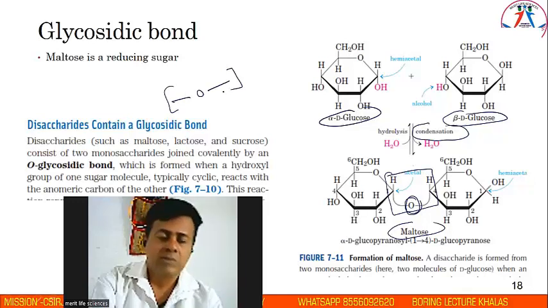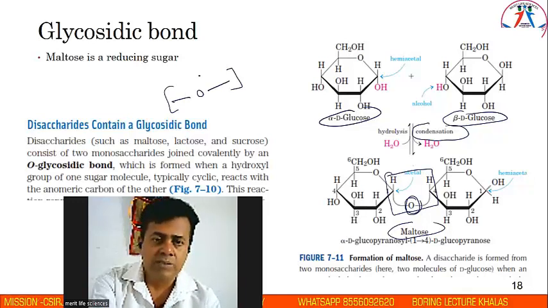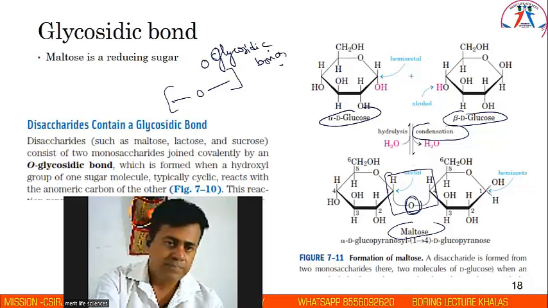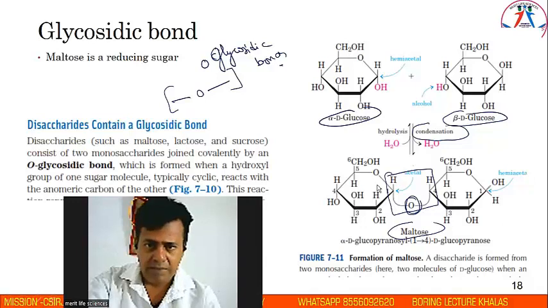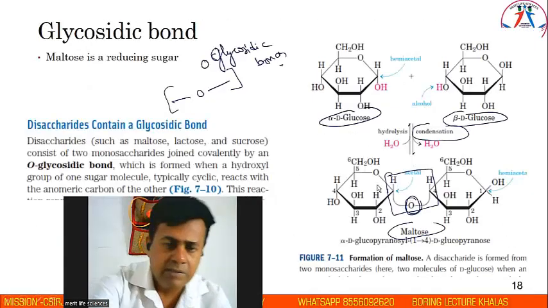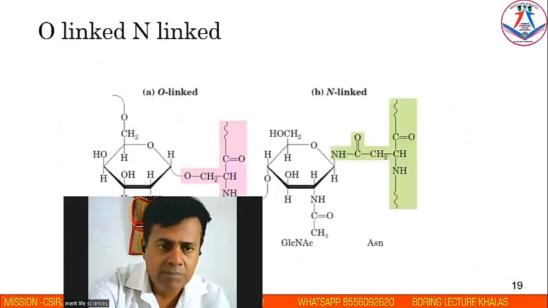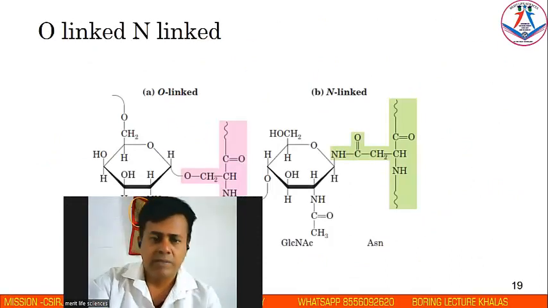Okay, so this is called the O glycosidic bond. And there is another type of glycosidic bond, that is the N glycosidic bond. So what is the difference between the two?